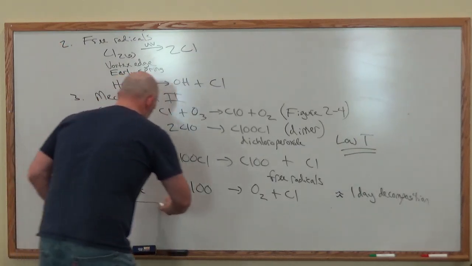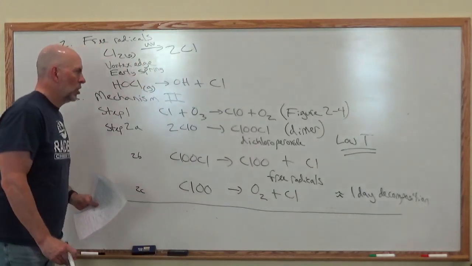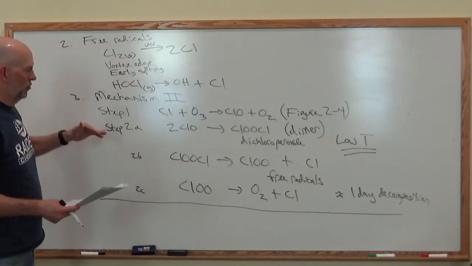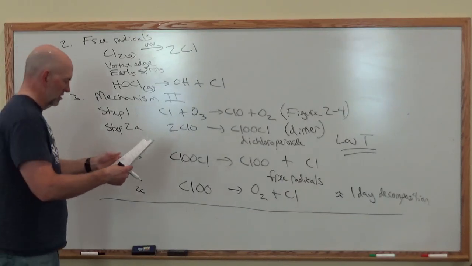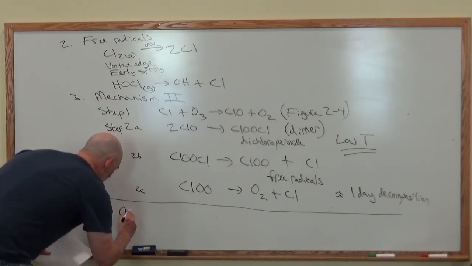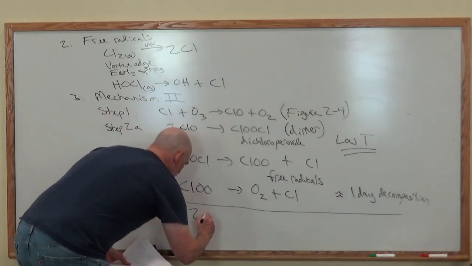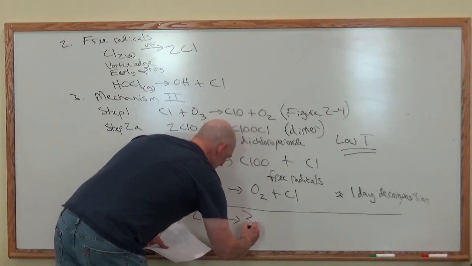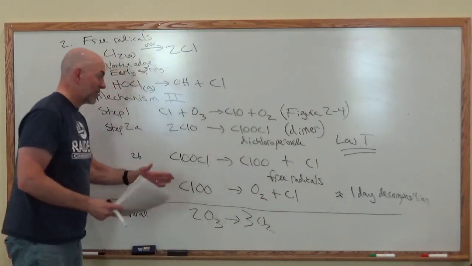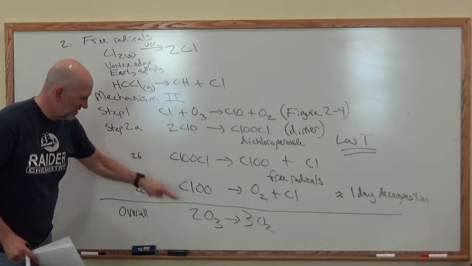Now, remember, when we do mechanism 2 it always has the same result. So always, always, always has the same result. You have 2 ozones producing 3 oxygens. That never changes. Mechanism 2, you follow the steps, and this is what you get.